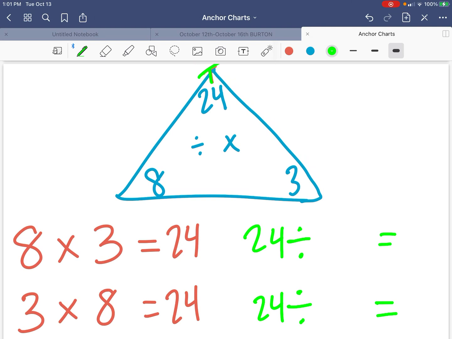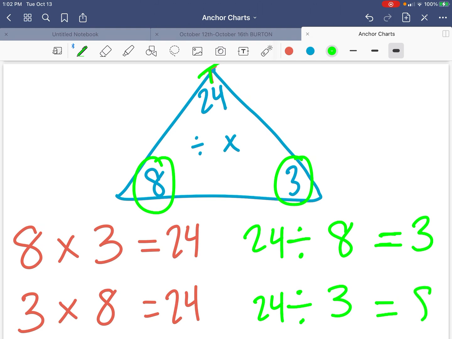So I can take 24 and divide it by this number and it equals the other number. Then I can flip those: instead of 24 divided by 8, I can say 24 divided by 3 is 8. So these are your fact families.